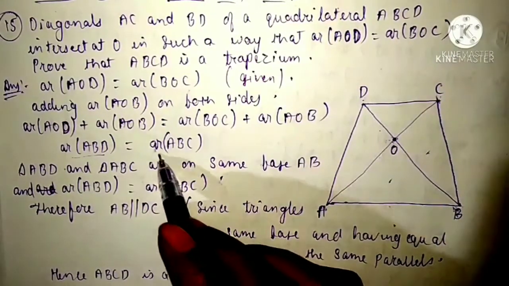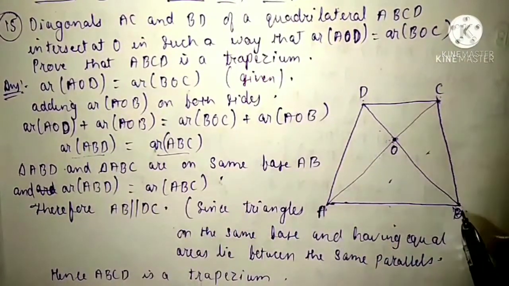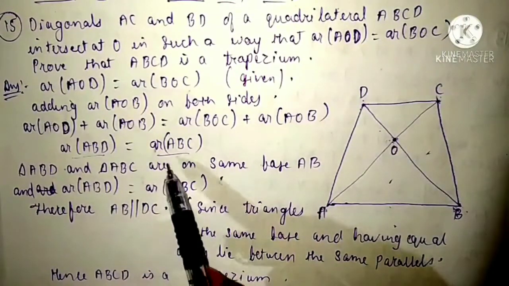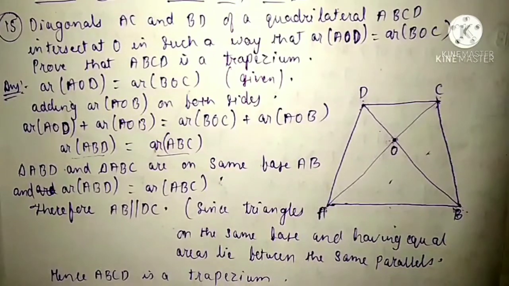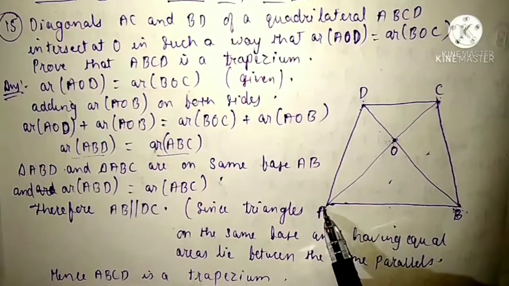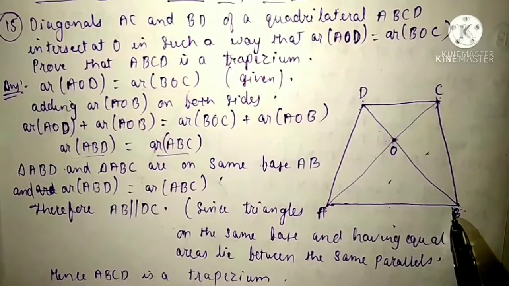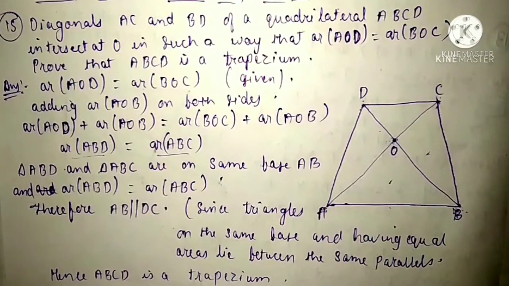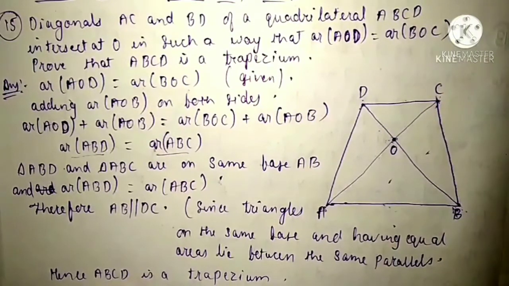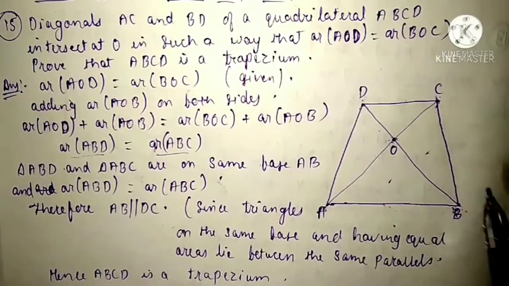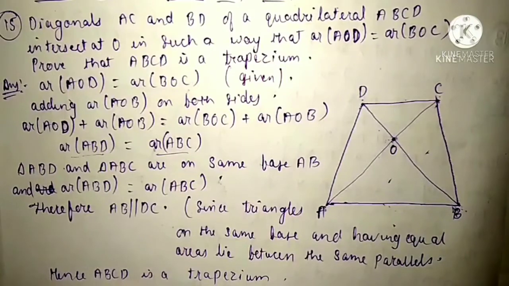So what we got, area of ABD is equal to area of ABC. Now in these two triangles we can see that base is same, that is AB, and their area is also equal. Now if their base is same and their area is also equal, then they must be between the same parallel lines. That means AB will be parallel to CD.